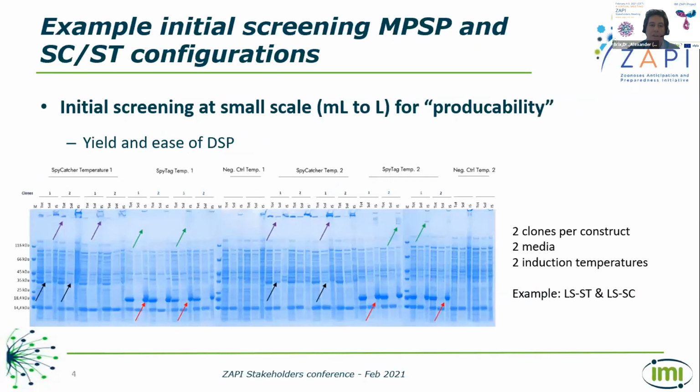Next slide, please. And I will just give you an example. It was just talked about mostly about the LS, lumazine synthase particles. So that was one of the initial ones Hanover focused on.